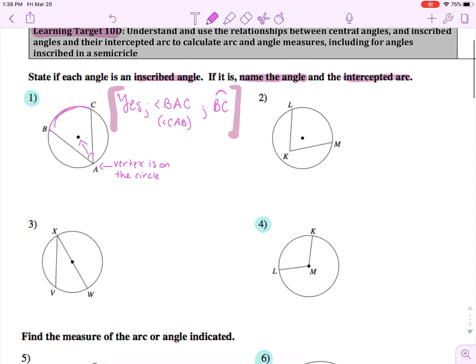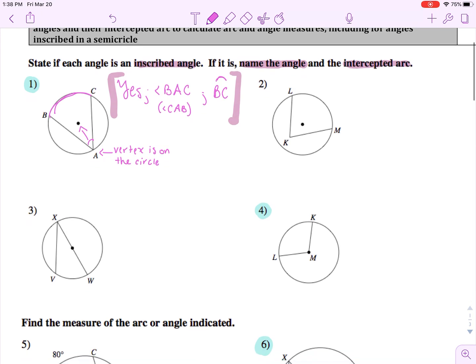Okay. All right, now looking here at number 4. This is not an inscribed angle because its vertex is not on the circle. The vertex is actually on the center. So it's not inscribed.